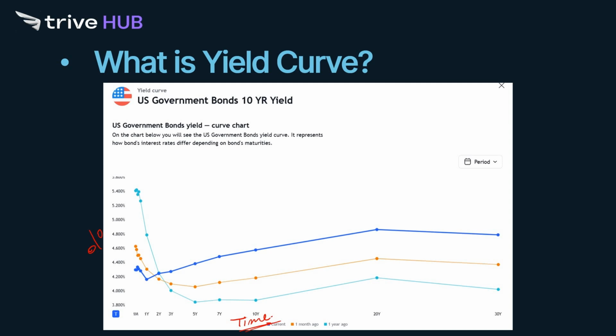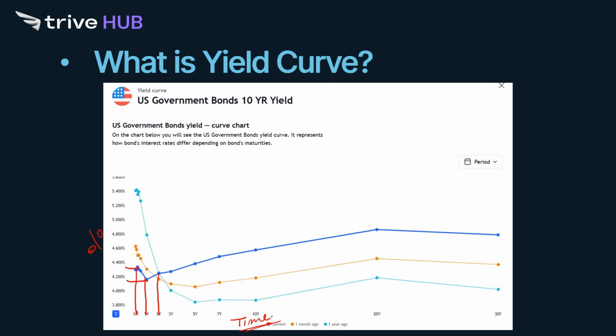So here you see the shorter periods: 1 month, 1 year and 2 years. For 1 month the interest rate is around 4.30%, and for 1 year the interest rate is slightly reduced.